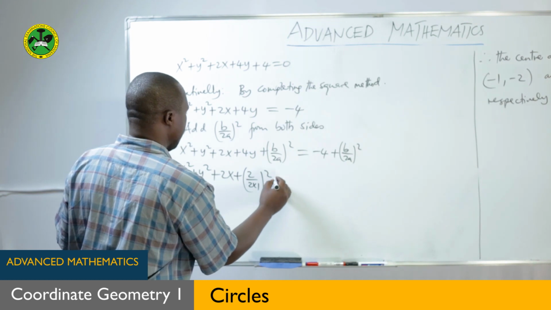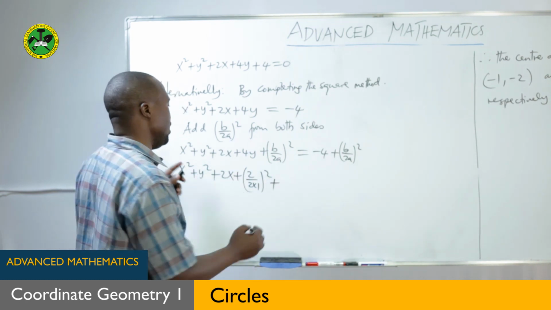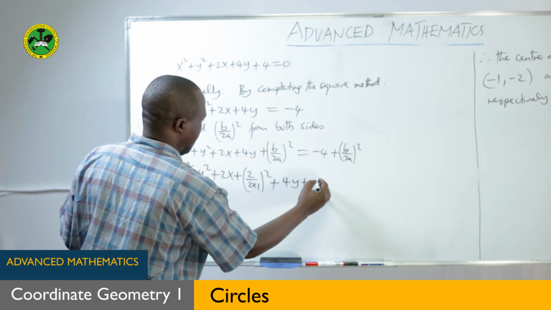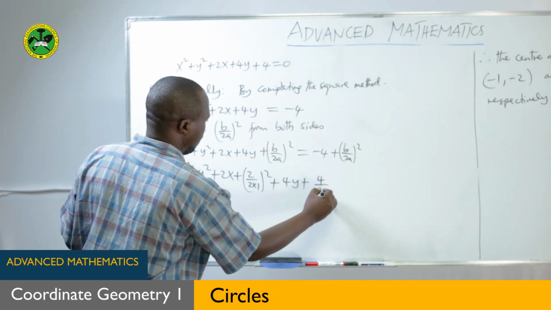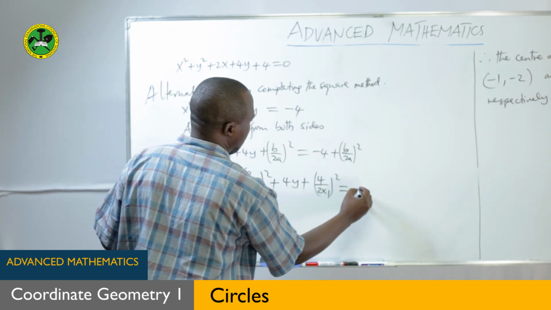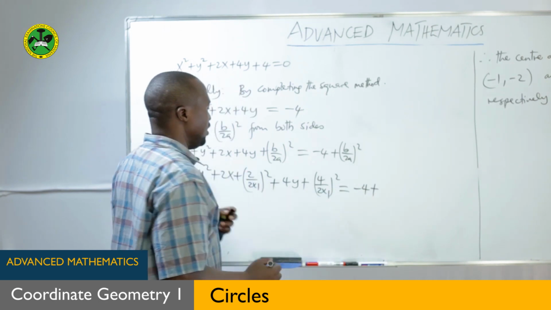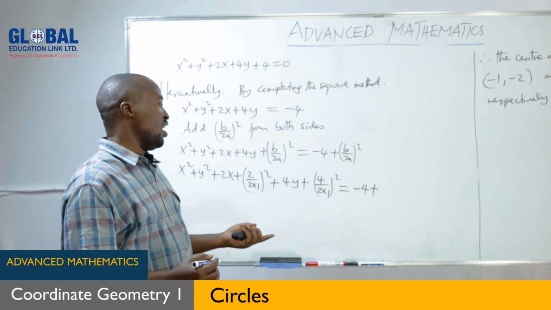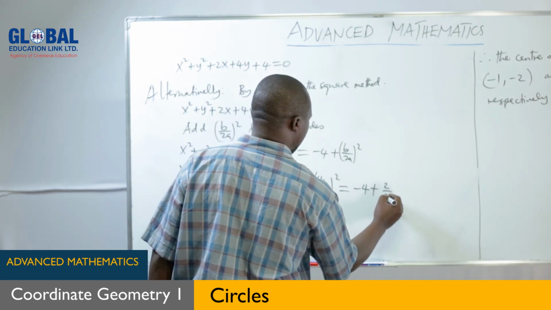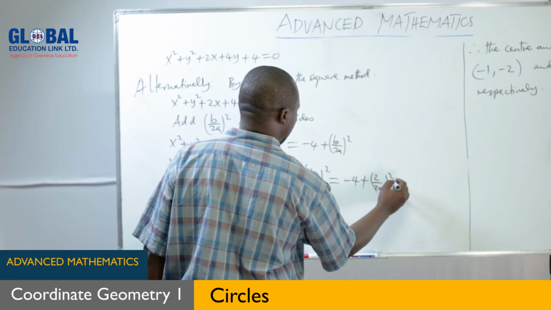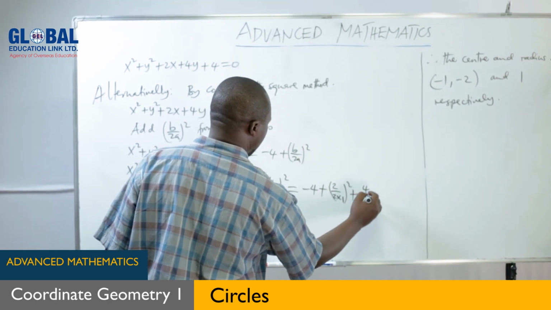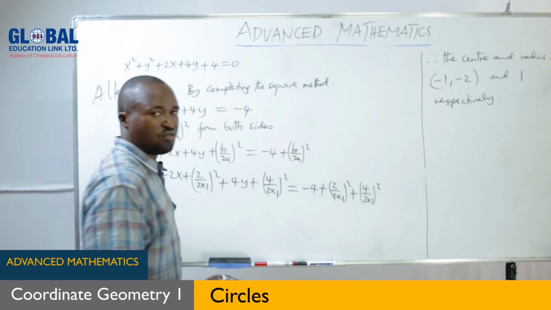Then followed by that of y, so we are going to have 4y plus (4 over 2 times 1) squared. This one is equal to negative 4 plus. Now we do the same on our right hand side. So that will be (2 over 2 times 1) squared again, plus (4 over 2 times 1) squared.